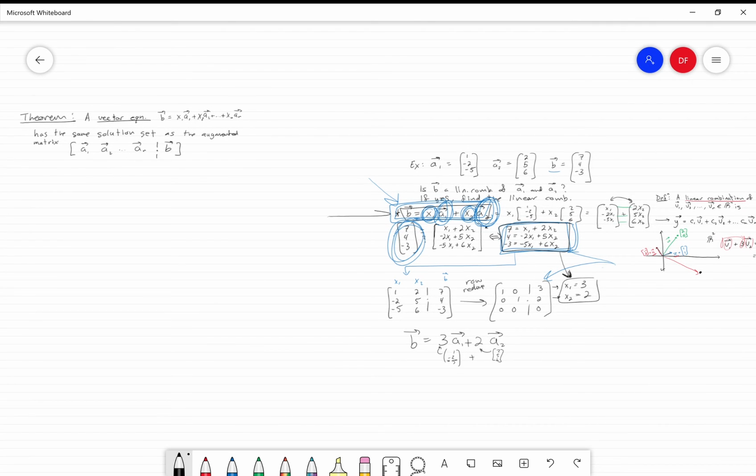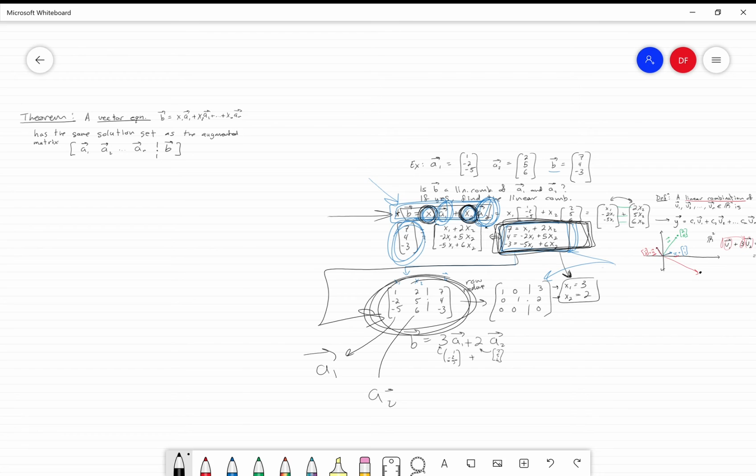We saw this vector equation here, and we saw that the solution, which was x1 and x2, is the same as the solution for this system of linear equations, which is the same as the solution for this augmented matrix, where this column here is a1, this column here is a2, and this column here is b.